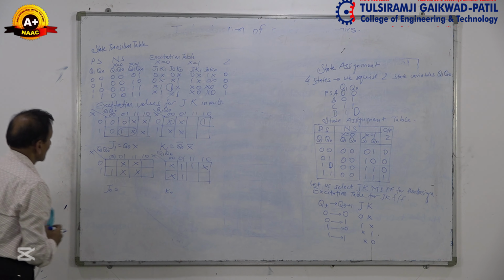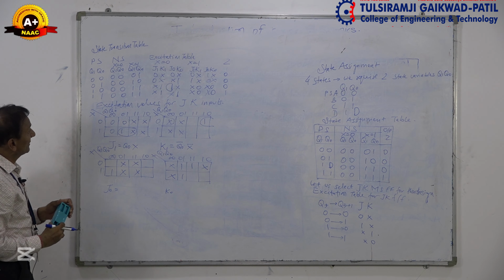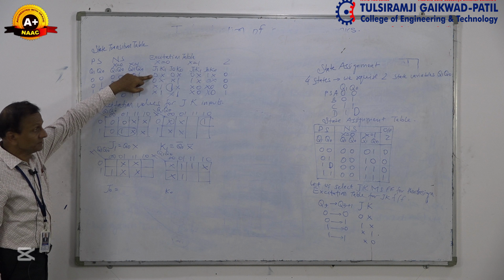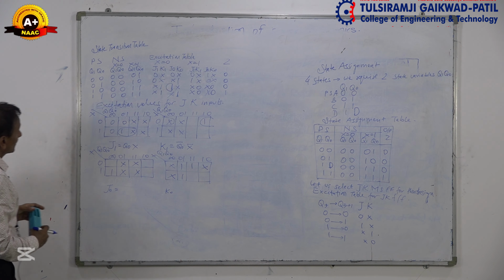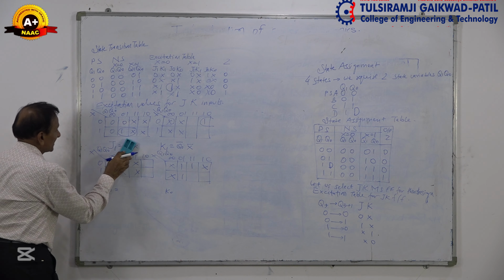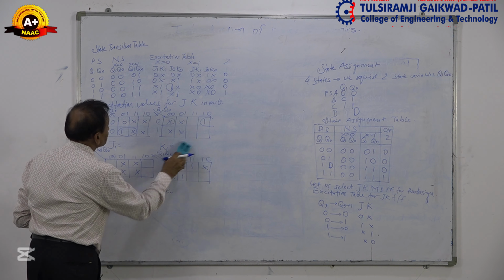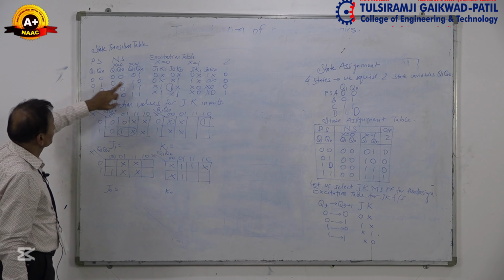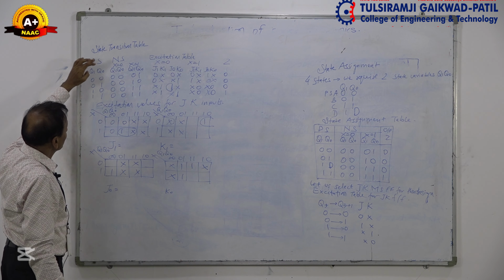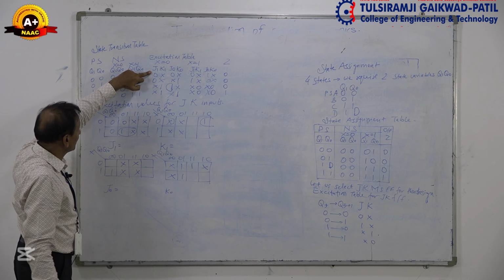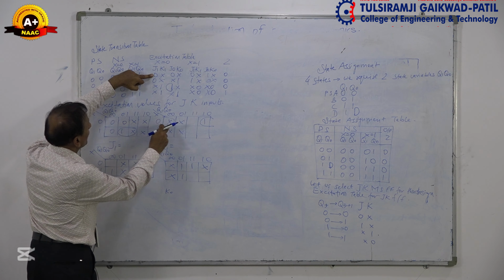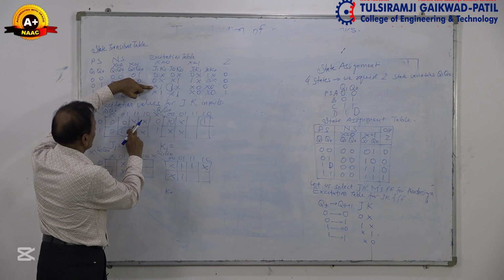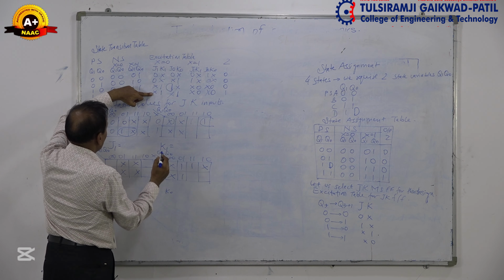Okay. So let us fill the values over here. For x equal to 0, let us find the equations for these. So we find that here for J1 K1, for x equal to 0, it is 0, don't care, 0, don't care, 1 here, and don't care, 1.